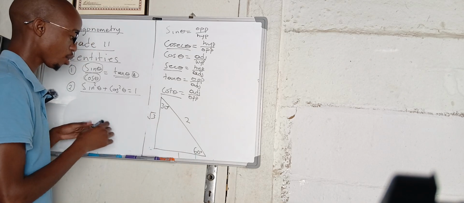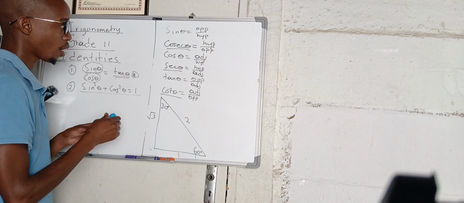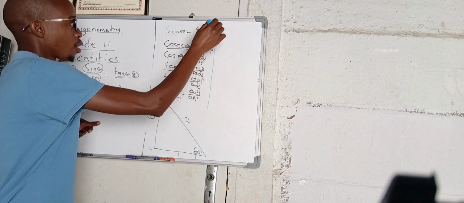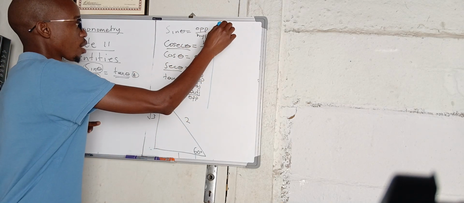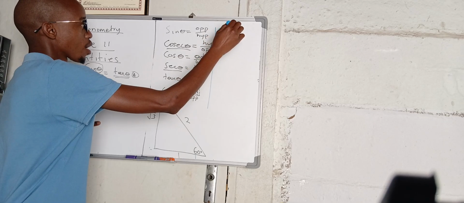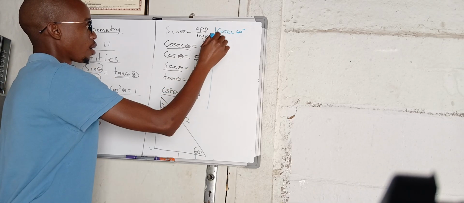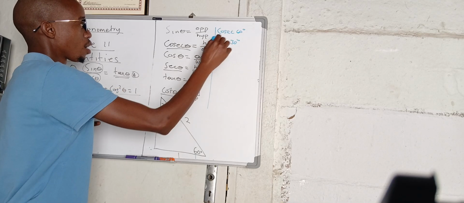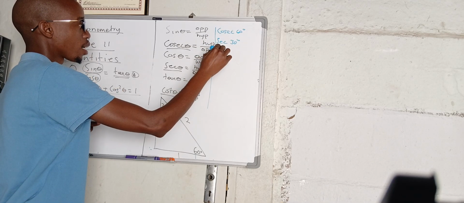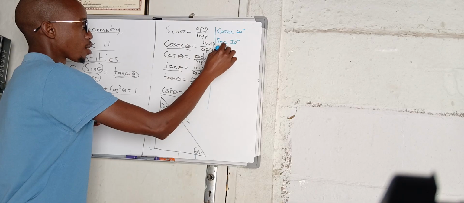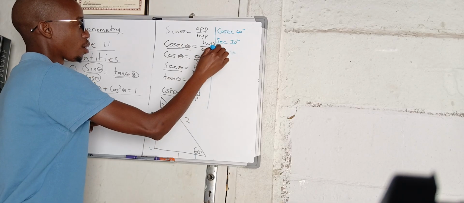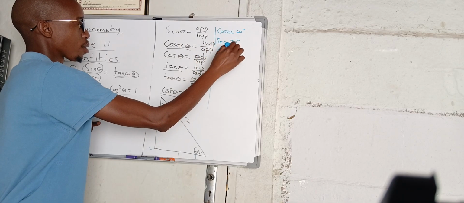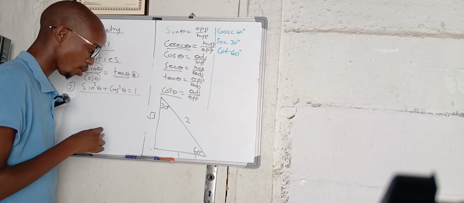And then we are asked to find cosec 60, and then sec 30, and then tan 60, cot 60. So what is it that we need to pay attention to?